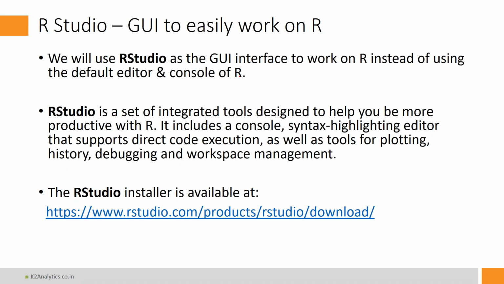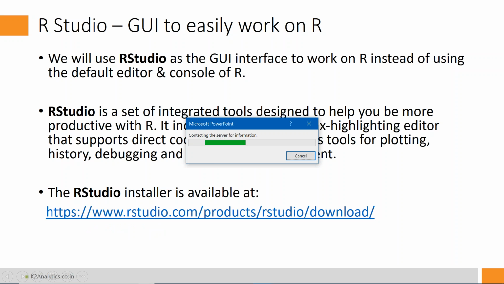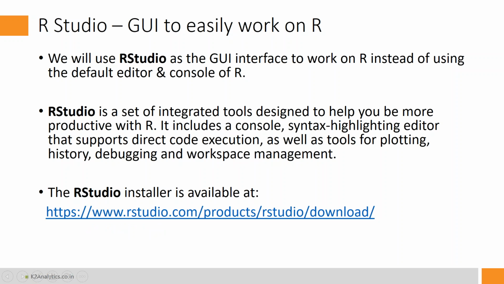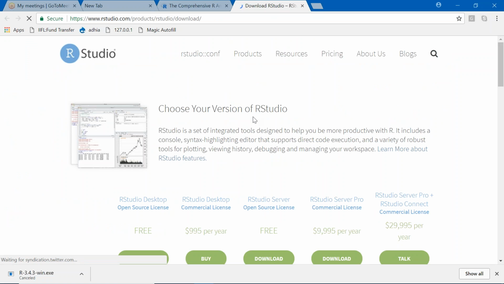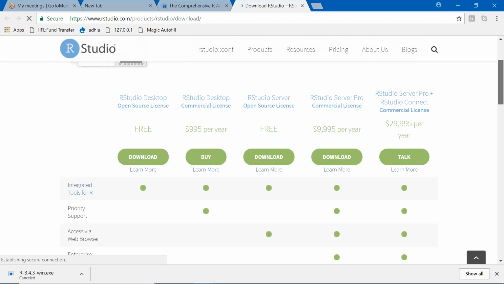The RStudio installer is available at this website link which I have given. So let's quickly click that. It's going to take us to the RStudio website, and here you can choose your version of RStudio, which version you wish to buy.